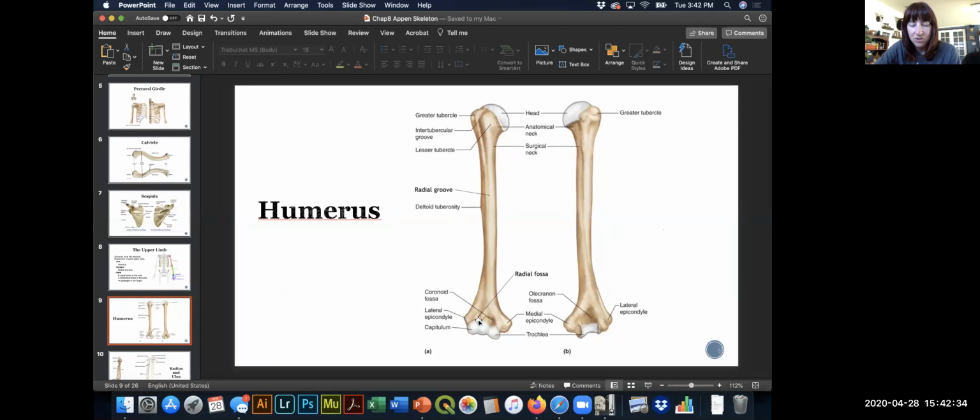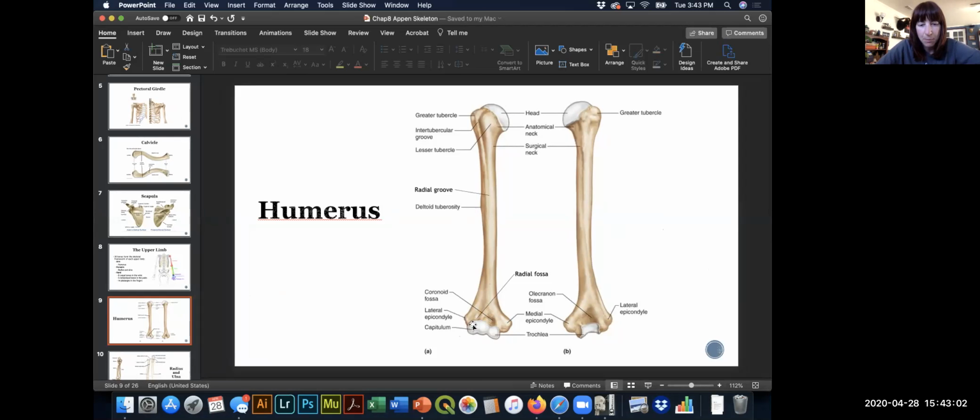All the way down at the distal end, you have your condyles, but they have special names for the bones that they interact with. The trochlea is the one that interacts with the trochlear notch of the ulna, right? So the bottle cap view of the ulna is the trochlear notch, and it wraps around the trochlea of the humerus.